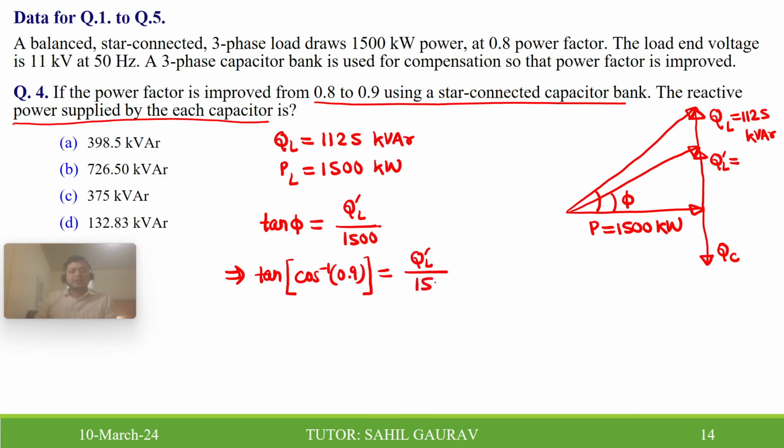So QL dash upon 1500 kilowatt, and we will get the answer in kVAR. So QL dash will become 0.48 into 1500, so it will give you 726.48 kVAR.